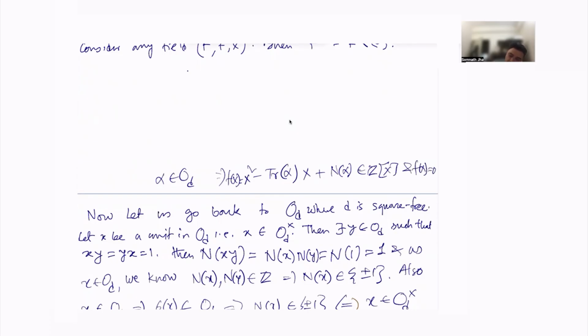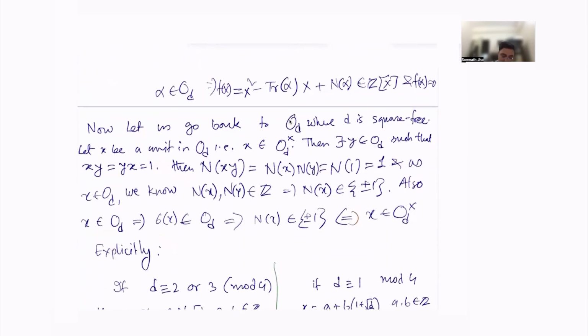So this is the minimal polynomial of alpha, unless alpha is already in Z, right? Okay, so this is the minimal polynomial.